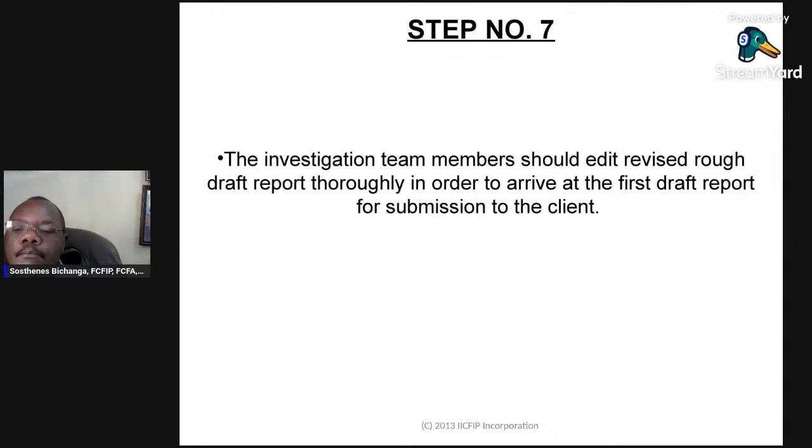And once submitted to the courts, the report becomes a public document. It can even be taken by the print and electronic media, analyzed, discussed, serialized widely, and it can easily be published.